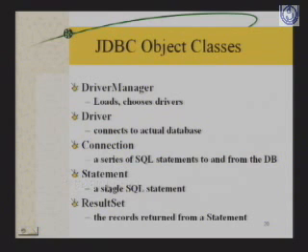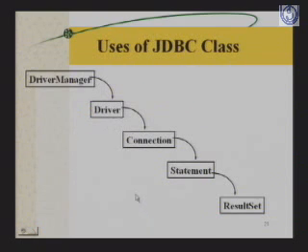And statement is nothing but the SQL statement in your Java language, and you perform some operation on the basis of what kind of statement it is, whether it is DML or DDL, and on the basis of that you get the result in your result set, and result set provides you facility to visit one record to another record one by one.